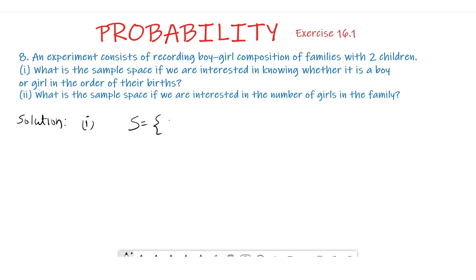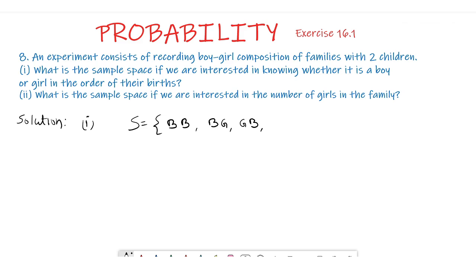Both are boys, then we write BB. If first is boy, then we write B, and second is girl, we write G, B for boy and G for girl. If first is a girl and second is a boy, then we write girl boy, which is GB.